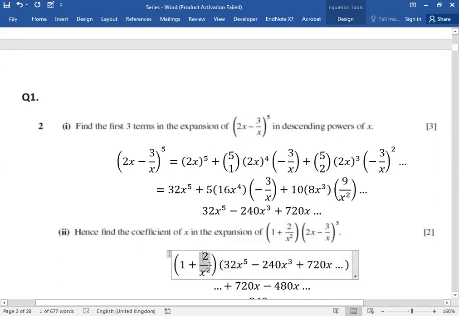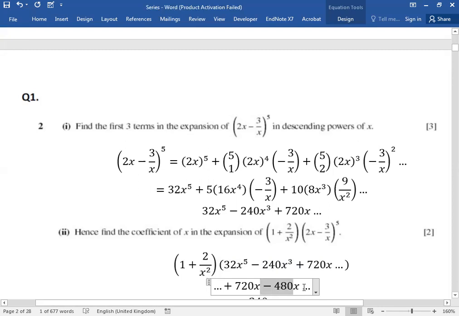Then I take 2 upon x square and multiply it by minus 240x cubed. What power of x do I end up with? x as a power 1. Why? Because x cube will be in the numerator and x square will be in the denominator, and I end up getting x as a power 1. So 2 upon x square times minus 240x cube gives minus 480x.